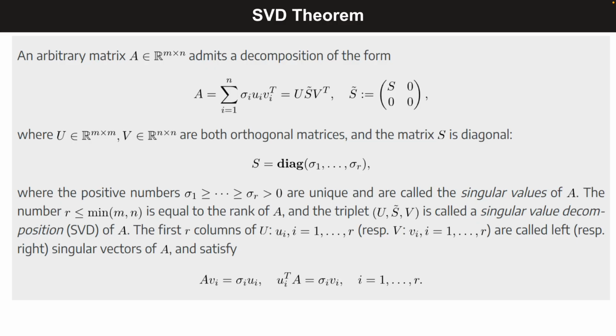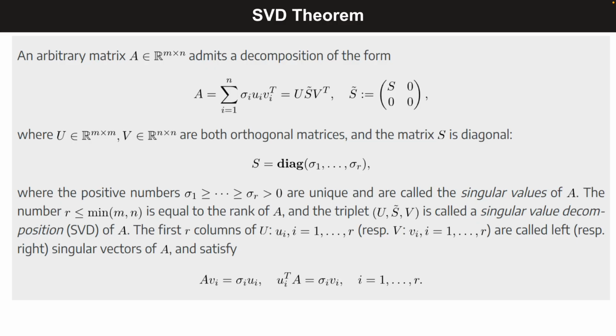Why are these three matrices special? Because S is a diagonal matrix. Essentially I can start with any matrix in this world and break it down into these matrices, and this is always possible.